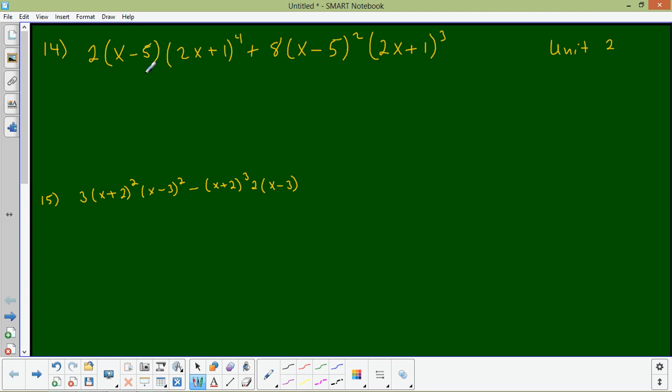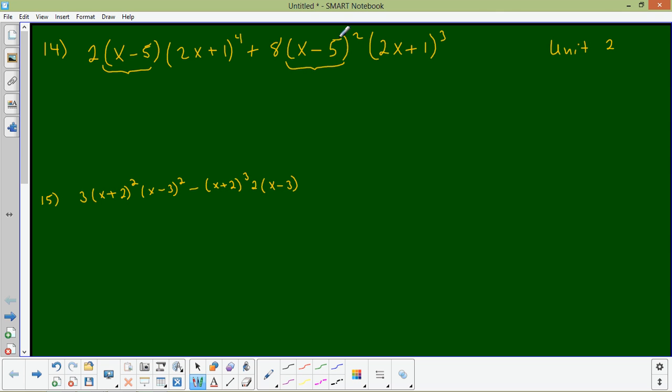As you look at this question 14, and again, look at the structure, you see the multiplied forms separated by an addition sign. As you inspect each one of those forms, you see a quantity x minus 5 here. You see a quantity x minus 5 here.